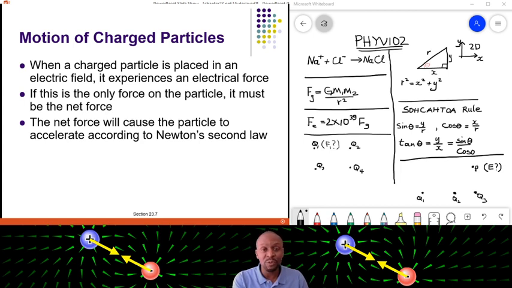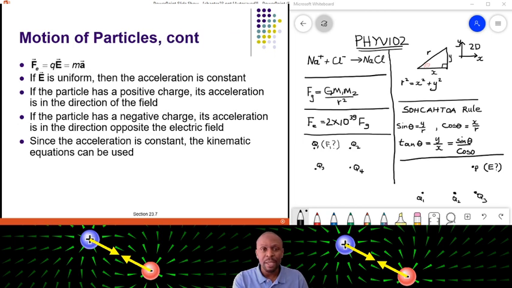Now, the net force will cause the particle to accelerate according to Newton's second law. From this equation, we know that the force is given by this, and if this is the only force, it must be equivalent to Newton's second law, which is F equals ma.